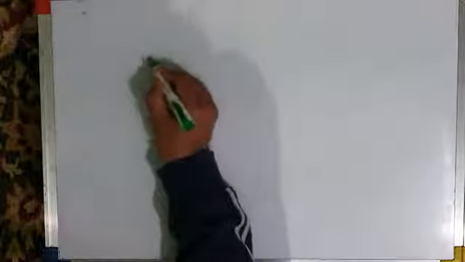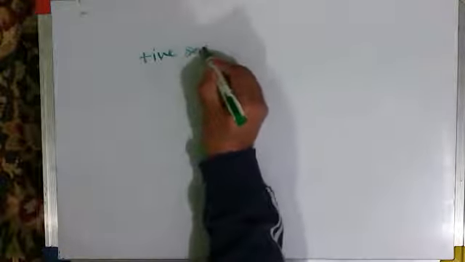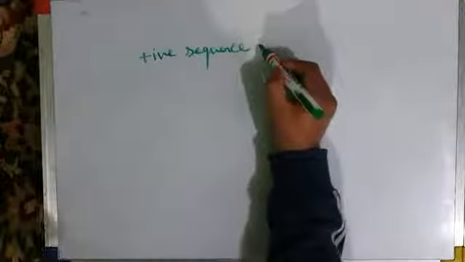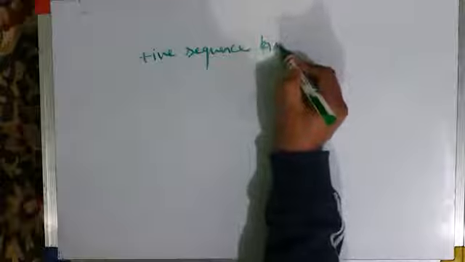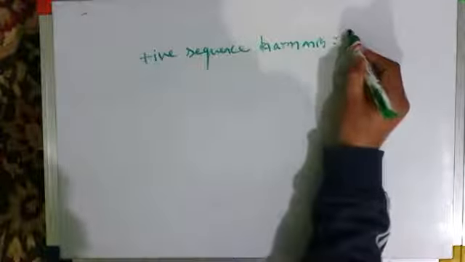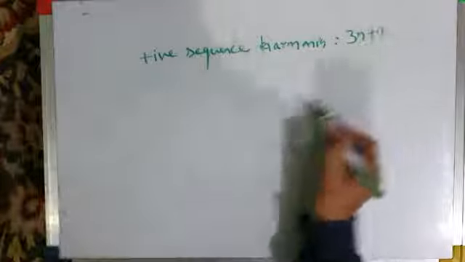To end today's lecture, let me tell you that all the harmonics in three-phase balanced systems can also be categorized as positive sequence harmonics, negative sequence harmonics, and zero sequence harmonics in terms of sequence components. In terms of symmetrical components, you can also represent harmonics. Positive sequence harmonics are given by 3n plus 1.